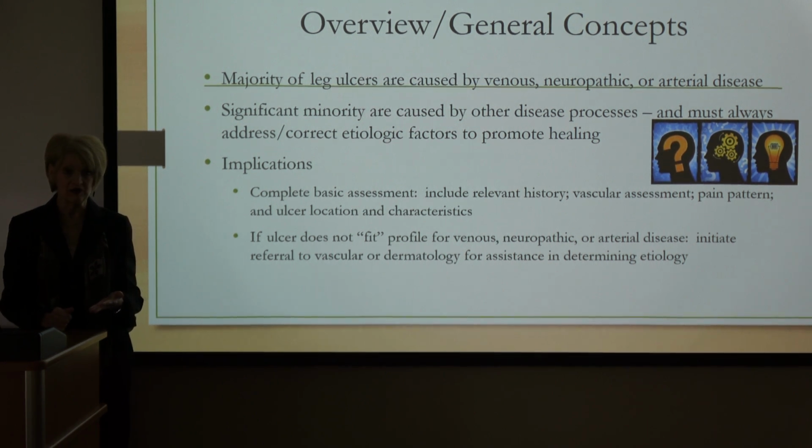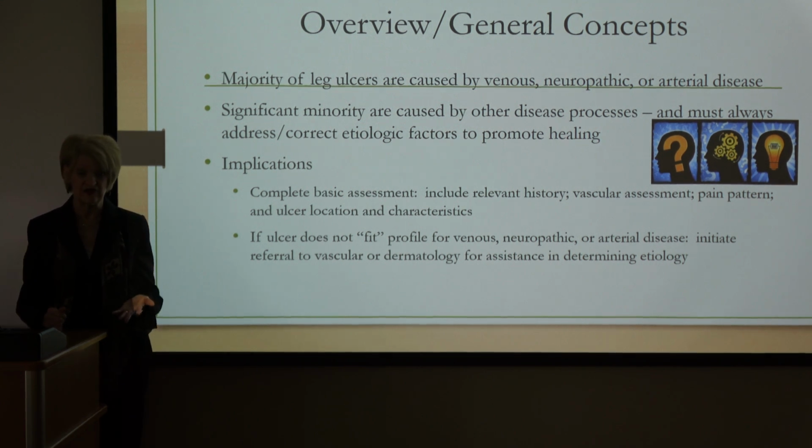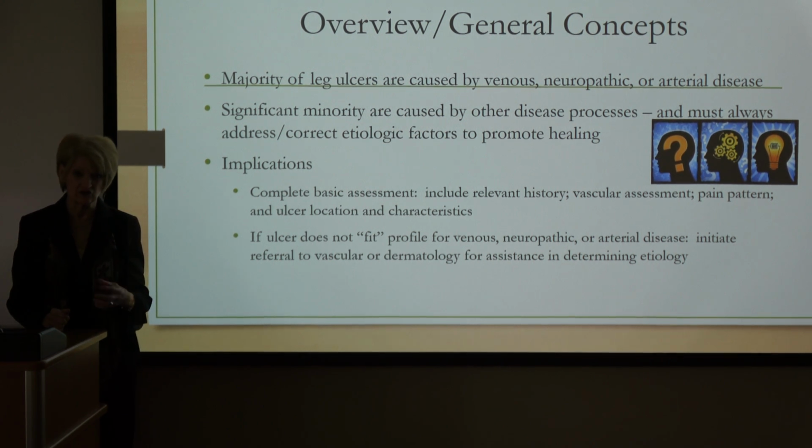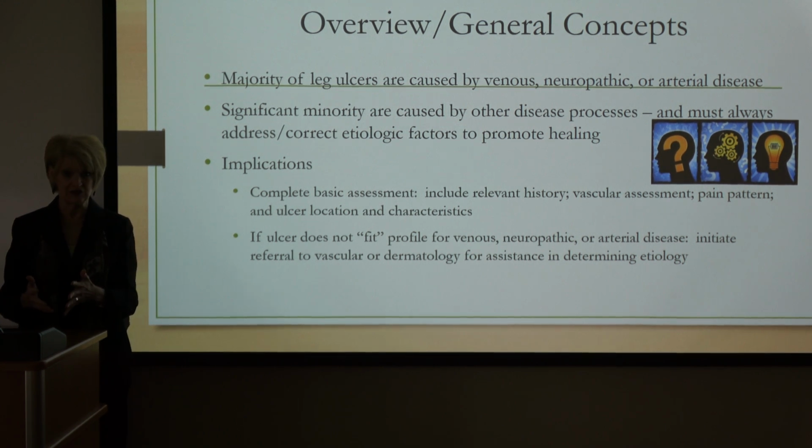The pain pattern is consistent with venous disease: pain that's worse at the end of the day and relieved by elevation. The wound characteristics are consistent with venous disease: location, medial malleolus, ruddy ulcer bed, large volume exudate. So I can proceed to establish a management plan based on venous insufficiency.